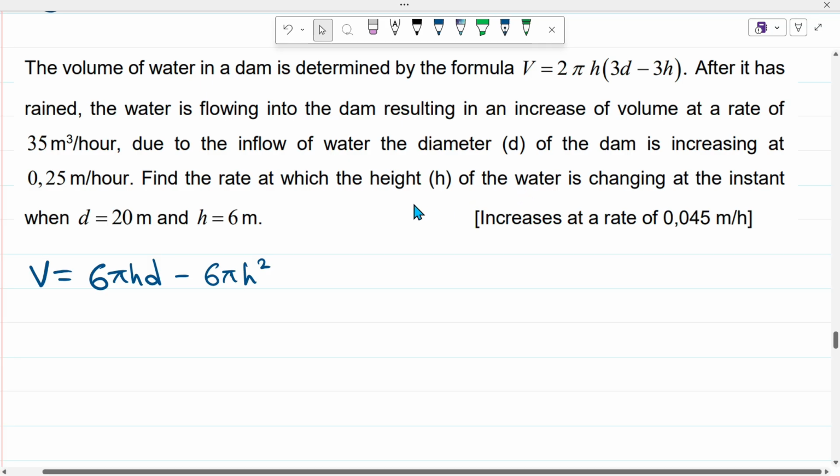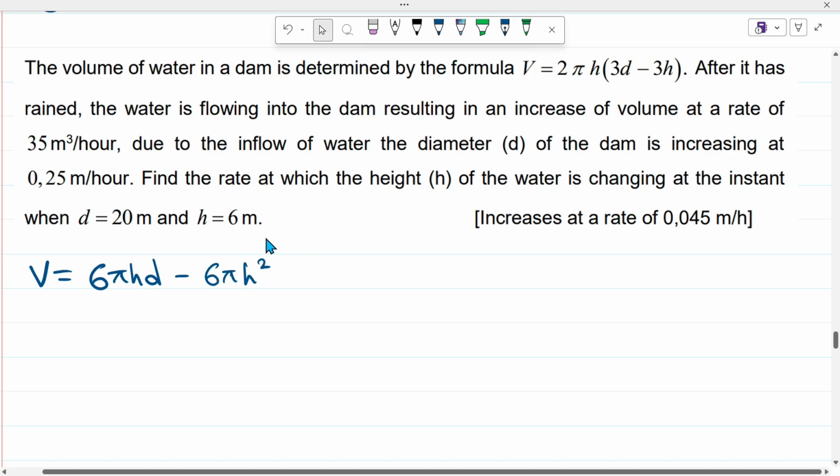So what are we given here? In this question, we are given that the water is flowing into the dam, resulting in an increase in volume at a rate of 35 cubic meters per hour. So we're already given the rate at which the volume changes.